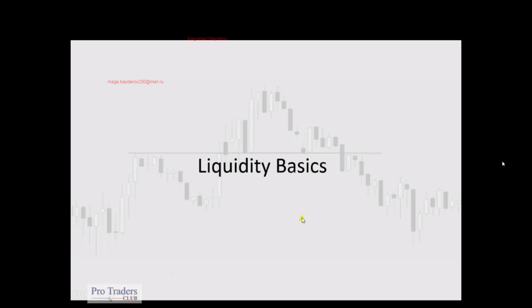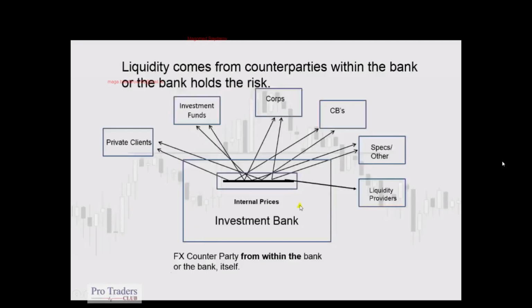So we're going to start out today with liquidity basics. And let's just take a bank as an example. You've got your investment bank, which deals in very large volumes of FX flows, and they have their internal prices. So the investment bank is going to have a virtually endless multitude of client profiles that are dealing in foreign exchange. The bank makes an enormous amount of money in fees in doing foreign exchange transactions.